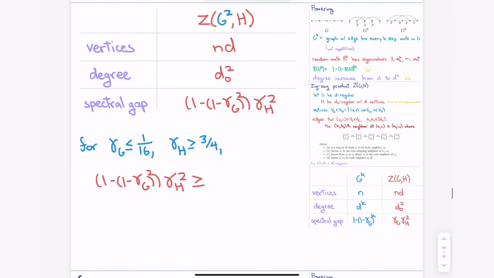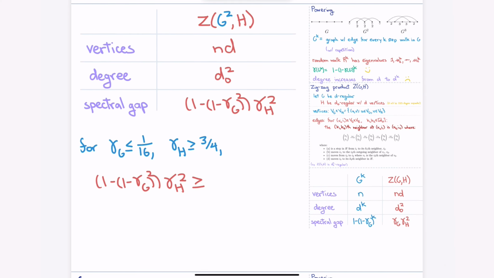So you can do this logarithmically many times, and each time gamma G will go up by a constant.